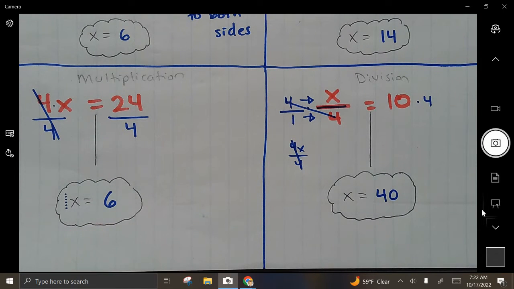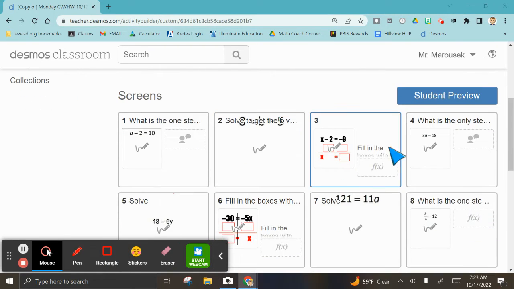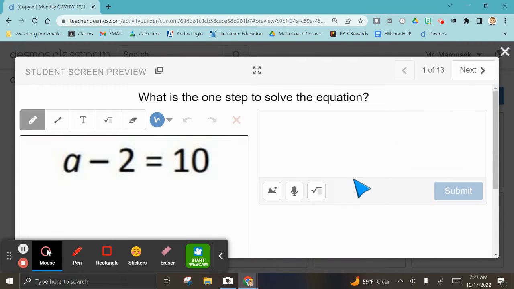Okay? We're going to switch gears now and get into a Desmos. I'm going to assign it to you guys, but I want you to take a look. I'm going to go through this step by step.